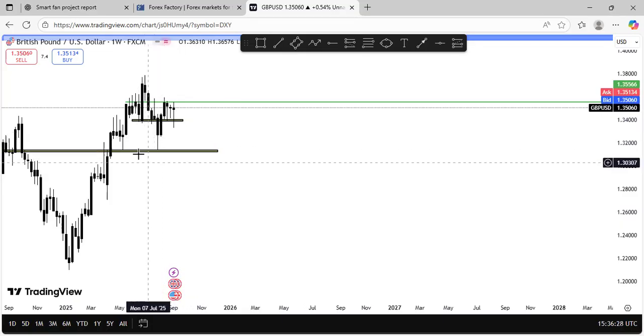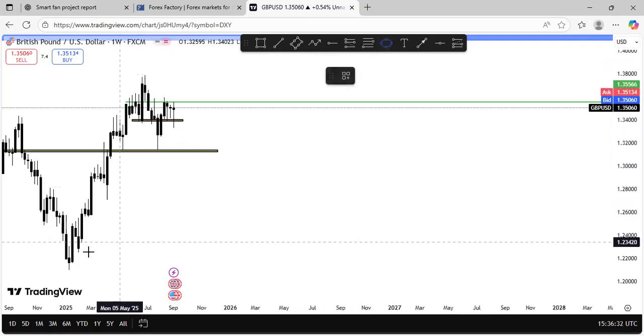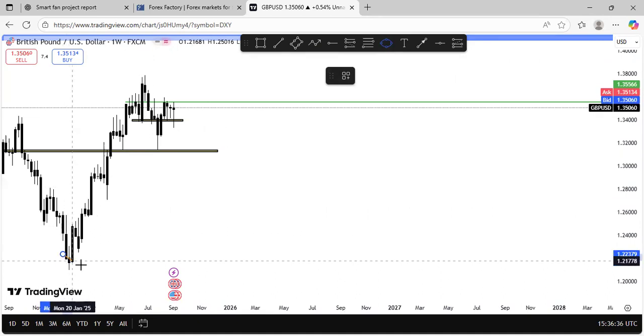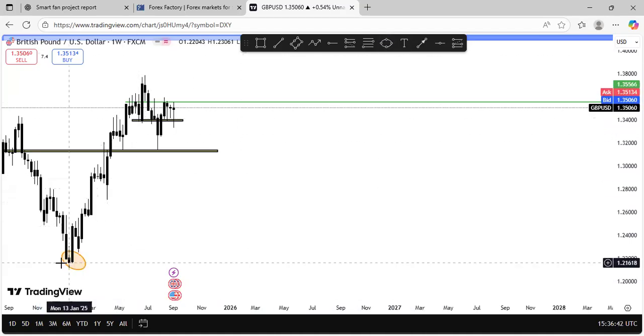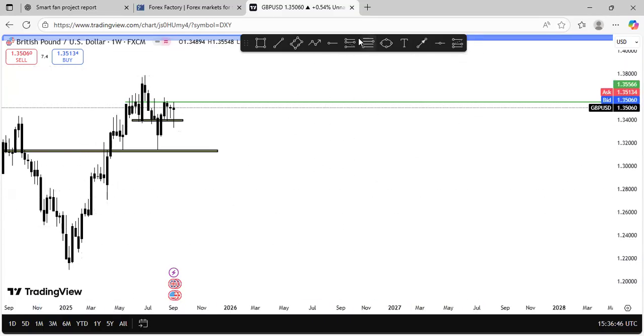So if I'm to mark major points, I'll take here. All right, let me do this on the daily time frame because it comes out clearer. But for the weekly time frame, the trend over here is an uptrend.